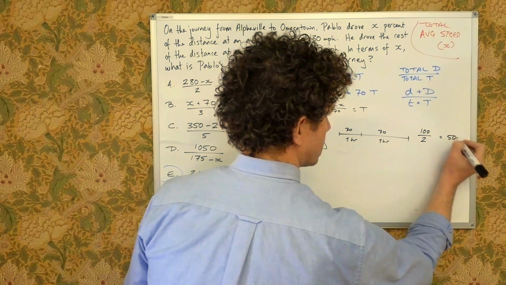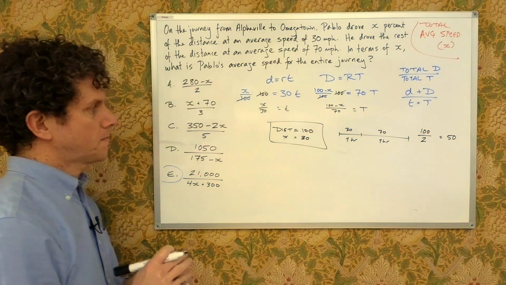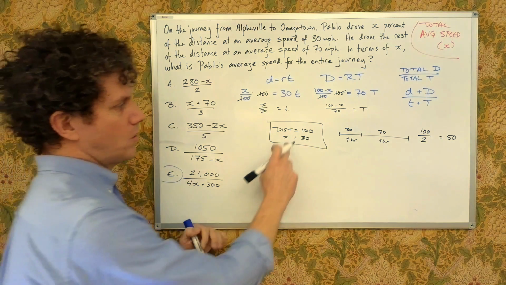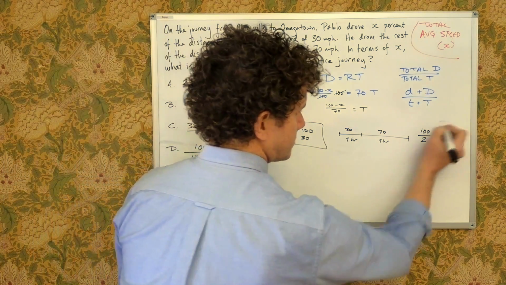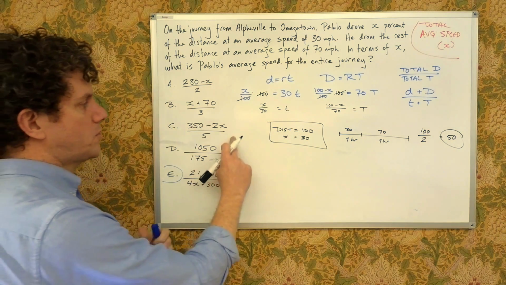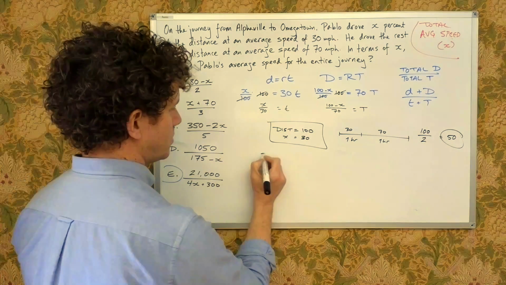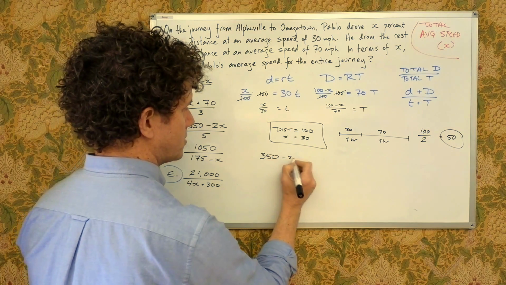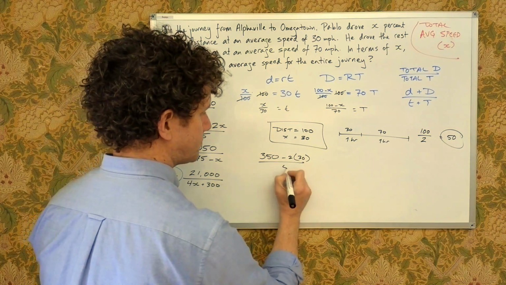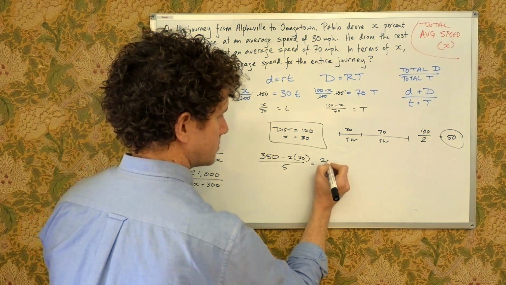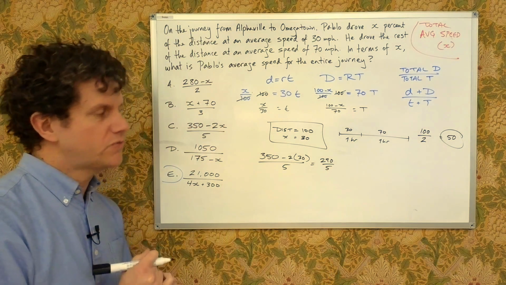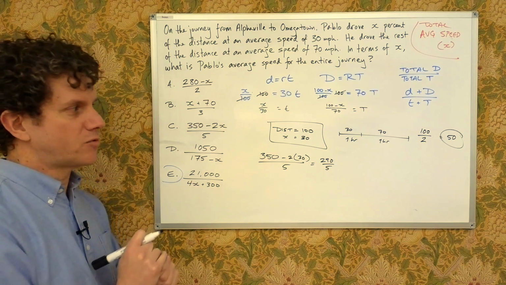Average speed, 50 miles per hour. Now we've got something. When x is 30, the result should be 50. Put that 30 in up here, and we will see that that does not give us the 50 we want. Not too far off, but it's definitely wrong.